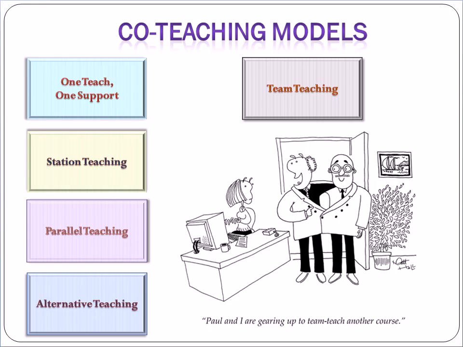I've given you a handout in your folder that gives you more of a definition of the 5 different types: one teach, one support, station teaching, parallel teaching, alternative teaching, and team teaching. In my own practice, I use team teaching and alternative teaching all the time. That's the only way that I'm really able to include my students in the classroom, and I do it from severe needs all the way up to mild learning disabilities, just to let you know, and I make it work.